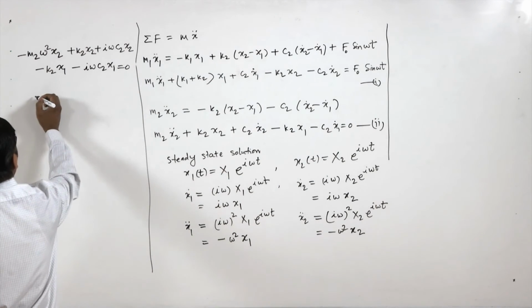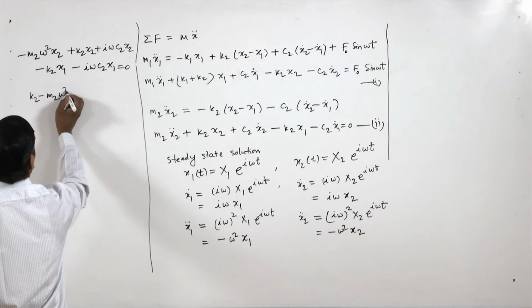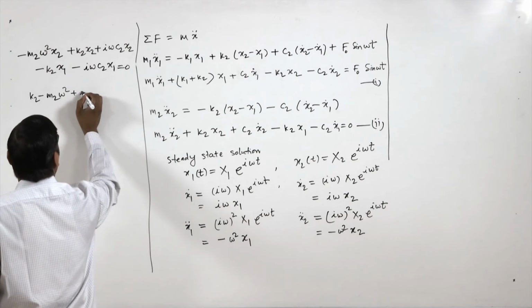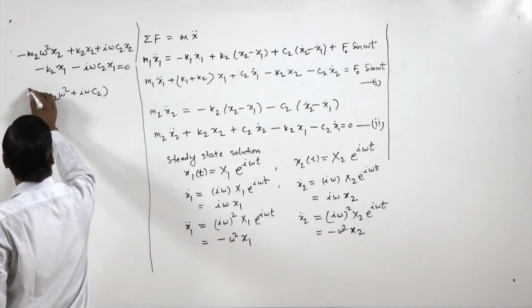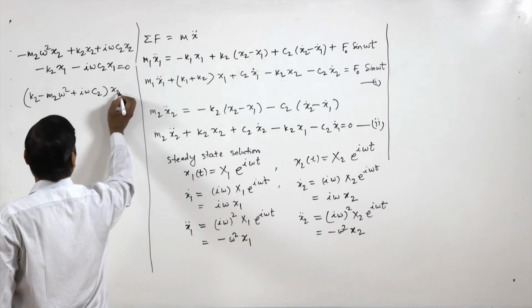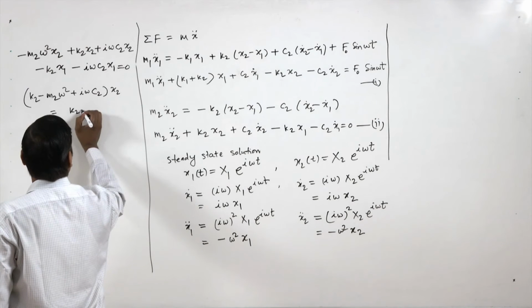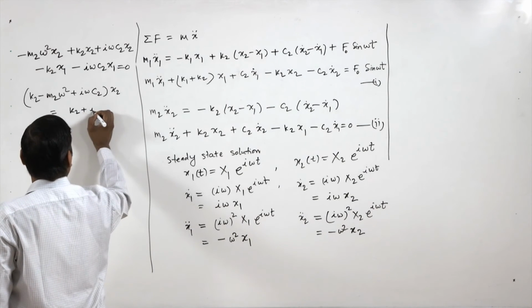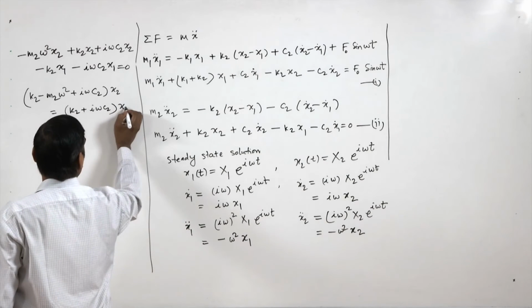So we can write this equation as (k2 minus m2 omega squared plus iω c2) X2 equal to (k2 plus iω c2) X1.